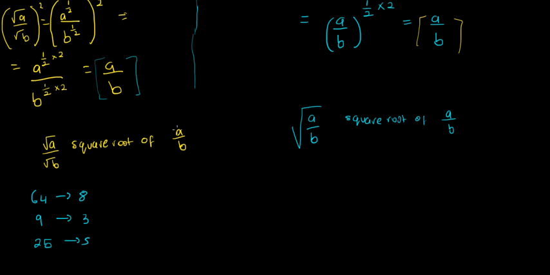So if a over b has root a over root b as a square root, and it also has the square root entirely of a over b, and we know that a over b has only one possible square root, then it's only logical that the root of a over the root of b is equal to the square root of a over b.